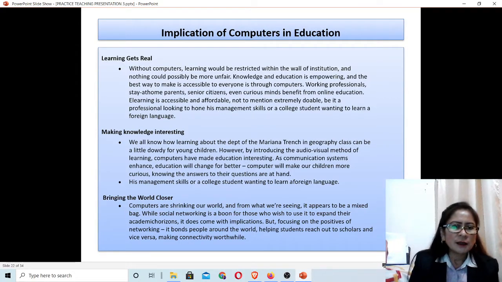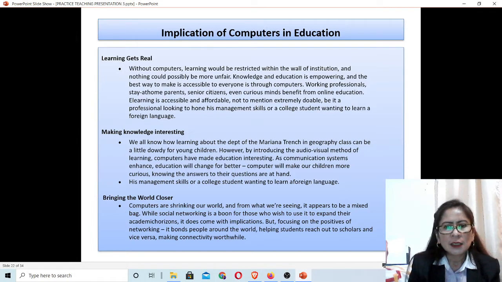Learning gets real. Without computers, learning would be restricted within the walls of institutions, and nothing could possibly be more unfair. Knowledge and education are empowering, and the best way to make them accessible to everyone is through computers.